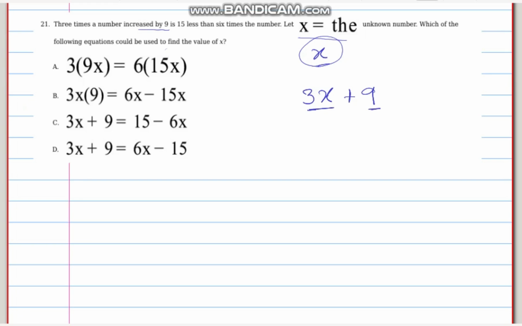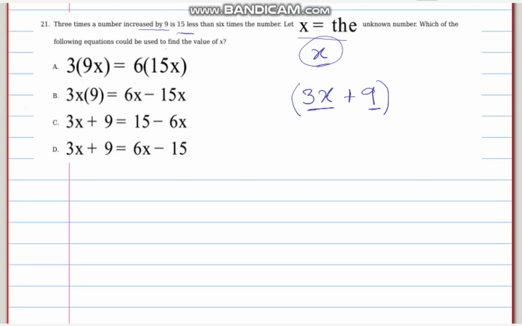It is 15 less than 6 times the number. So it is 15 less than 6 times the number.